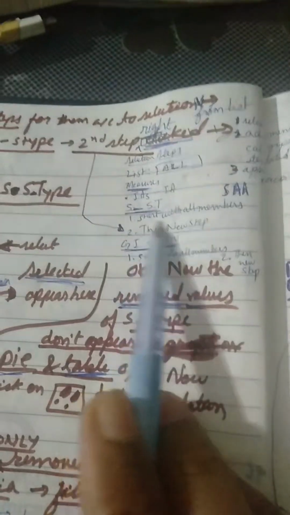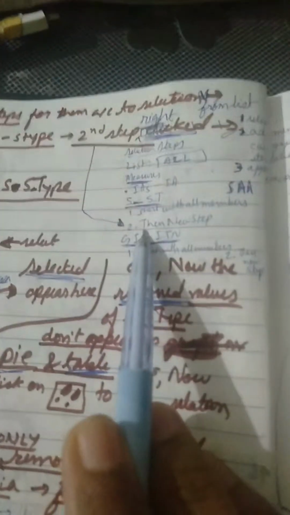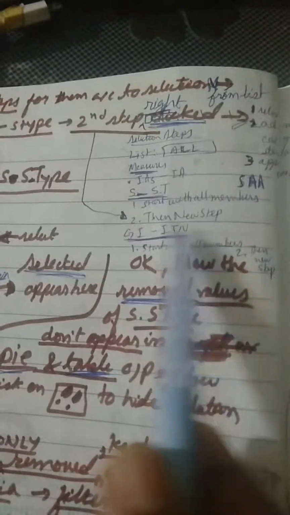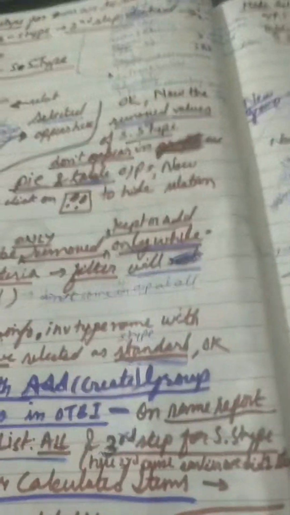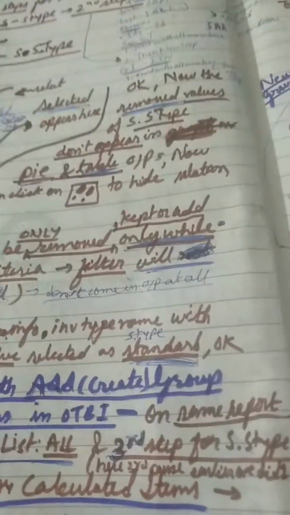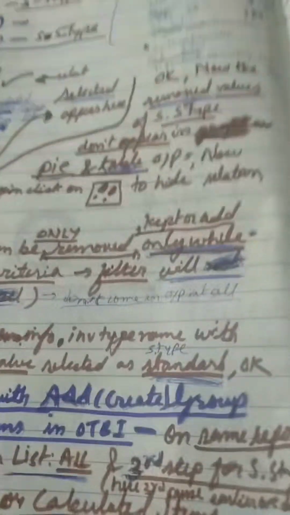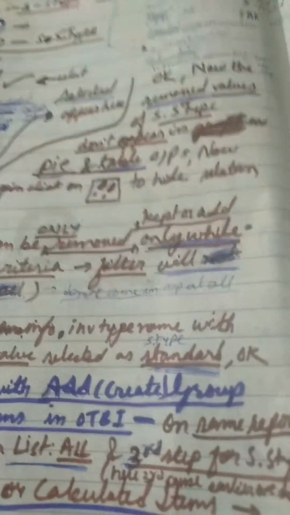The select member step will come here, second one, and the third one will be this time then new step. So again I'll click on then new step, but this will be the third one because I've already done a calculation on the supplier type.